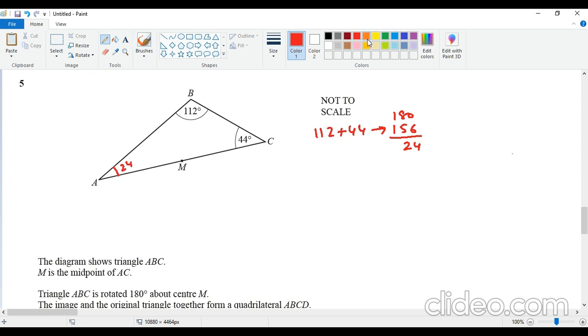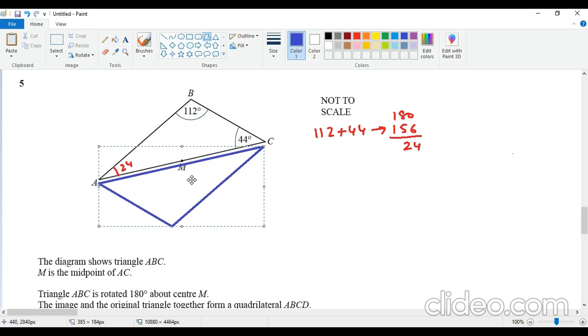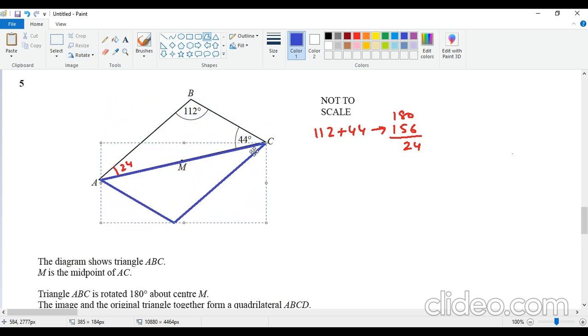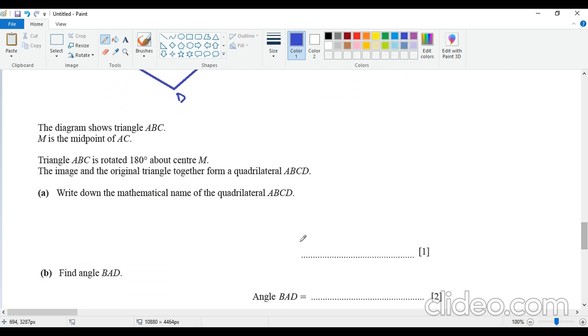Now we are going to draw a triangle exactly on top of this, and then we are going to rotate that triangle by 180 degrees, and we will see that the diagram ABCD is making a parallelogram. So parallelogram is the right answer. You write parallelogram.